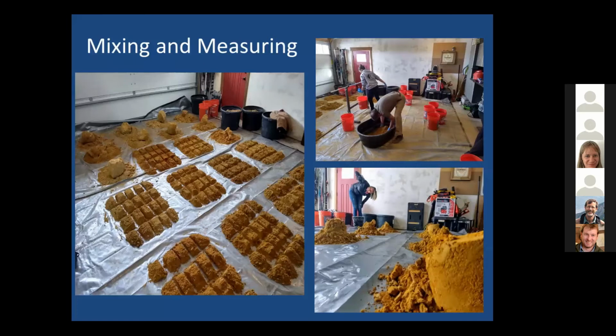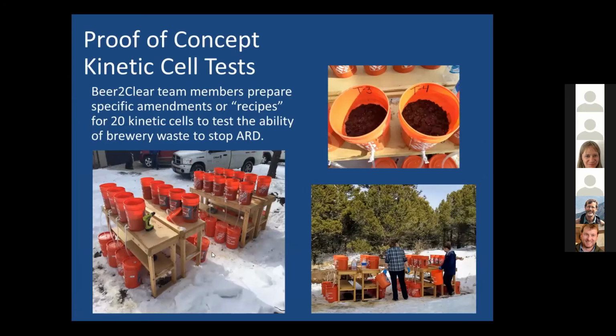So over several days, we took all these samples, like 1,500 pounds of sample, and we carefully cone and quartered it, mixed it up with the various recipes, and placed them in 5-gallon buckets. And so we placed these buckets outside, fully exposed to the elements. And as you can see, we've got some snow on the ground here.